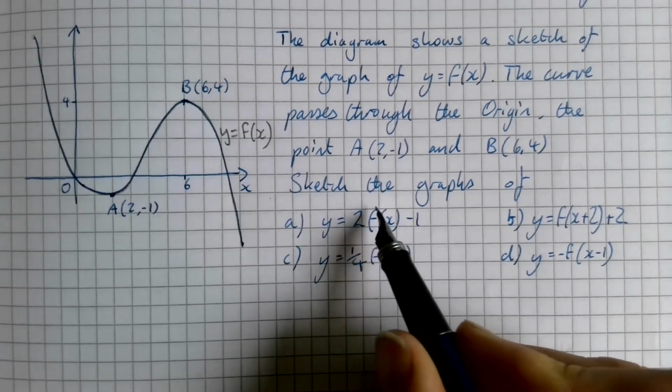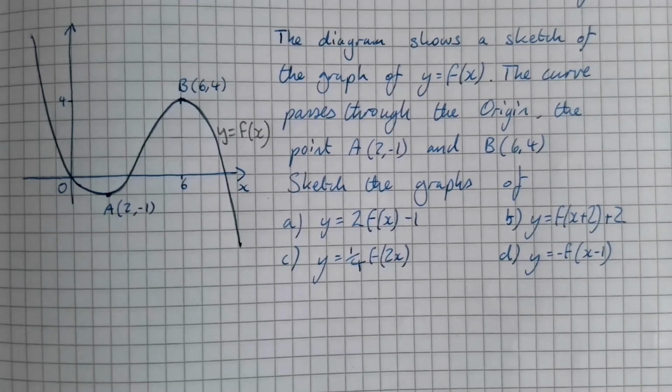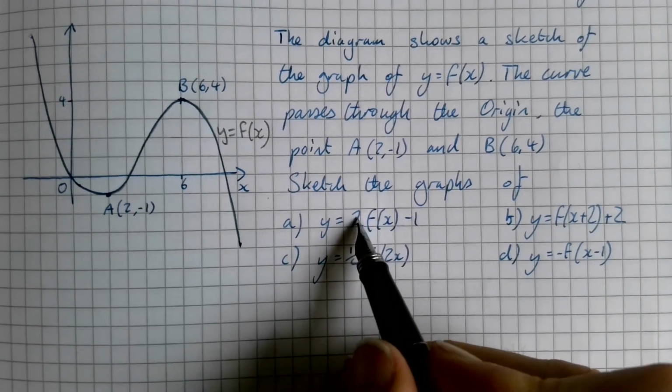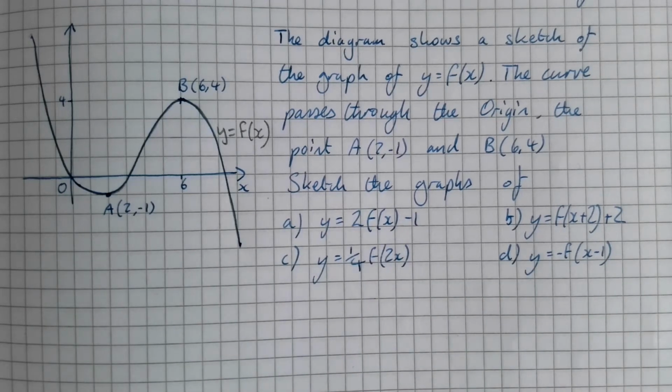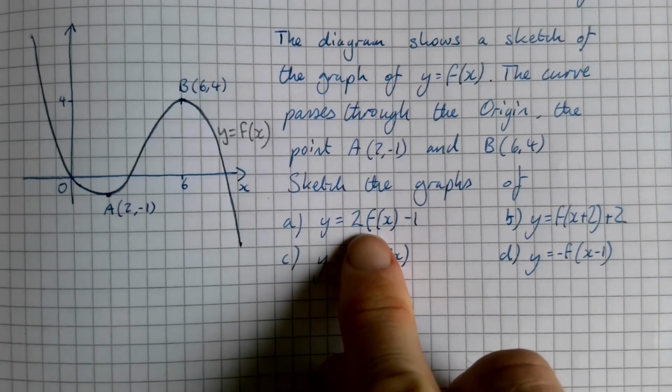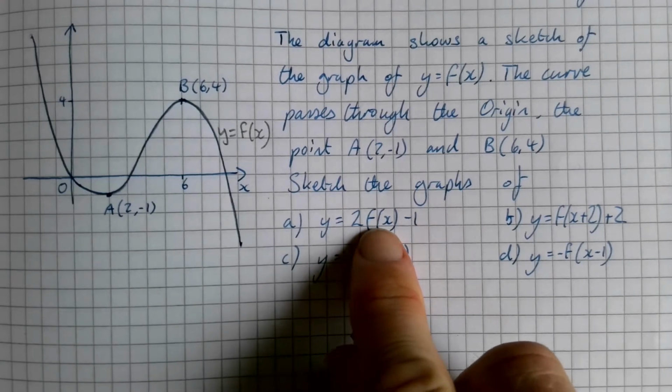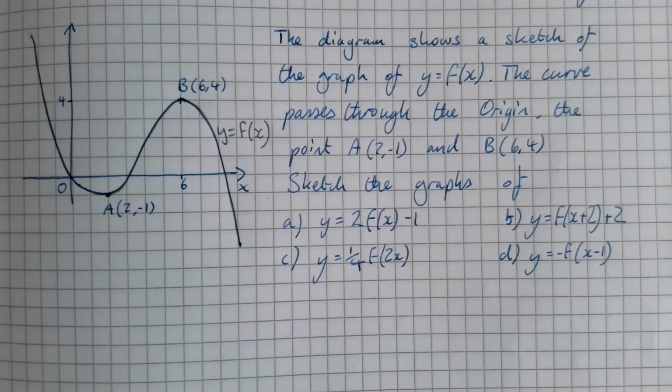The first thing that's going to happen, using basic BIDMAS, is this part, and this is happening at the end, because subtraction is the last thing to happen. So the first thing we need to do is multiply whatever the resultant of the function is by 2.